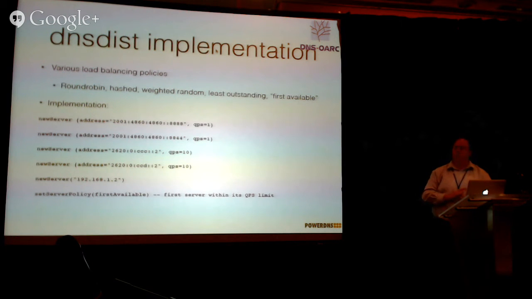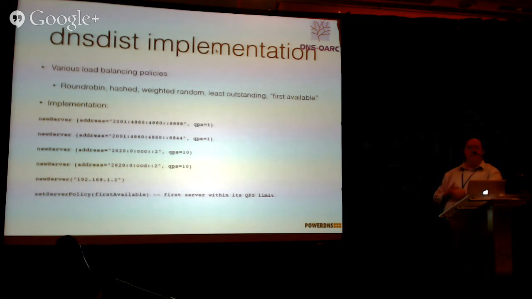So what would such a configuration look like in DNS dist? I hope you can read it. We have various load balancing policies: round robin, hashed, so that the same query always ends up on the same server, weighted random. Least outstanding is a nice one.